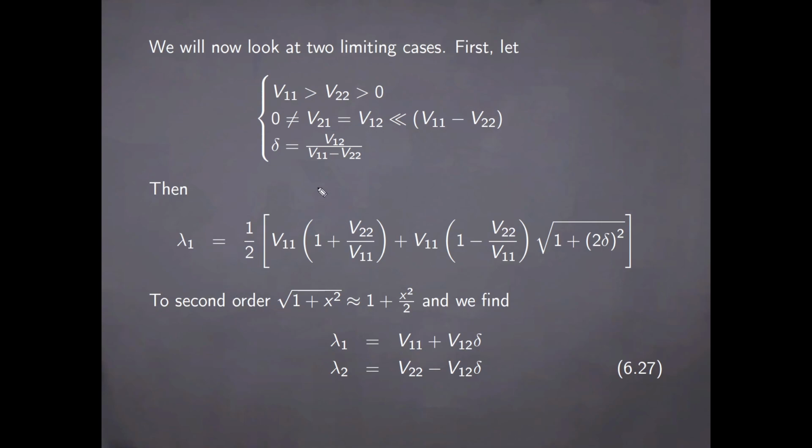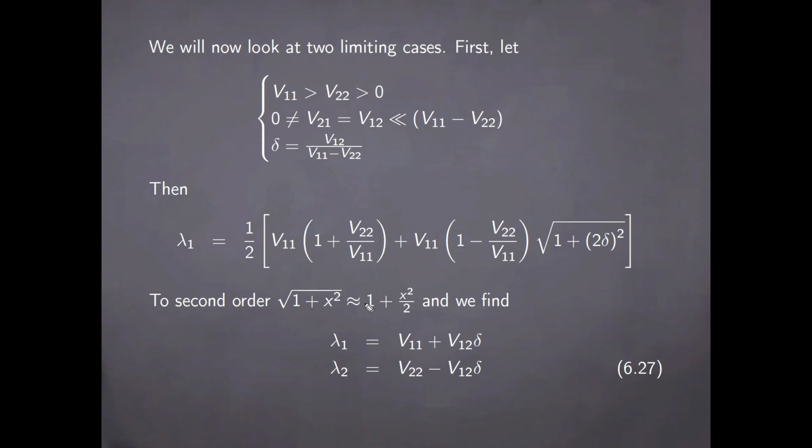Immediately, just by using these definitions and conventions, we can write, for example, the first root in the form here. Now the square root is of this kind, and we can expand it in a Taylor series to second order.